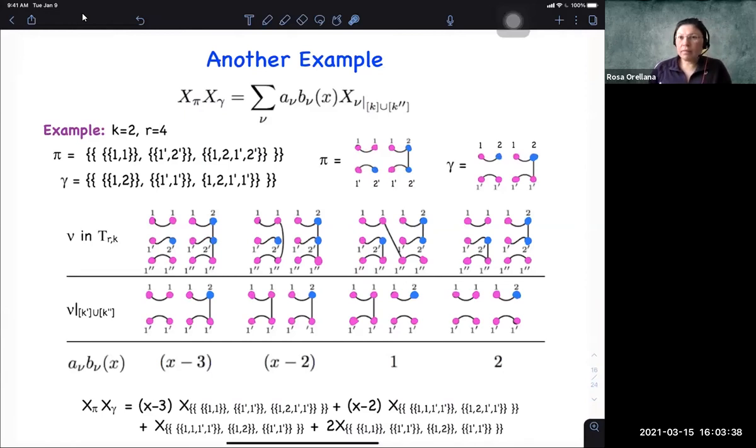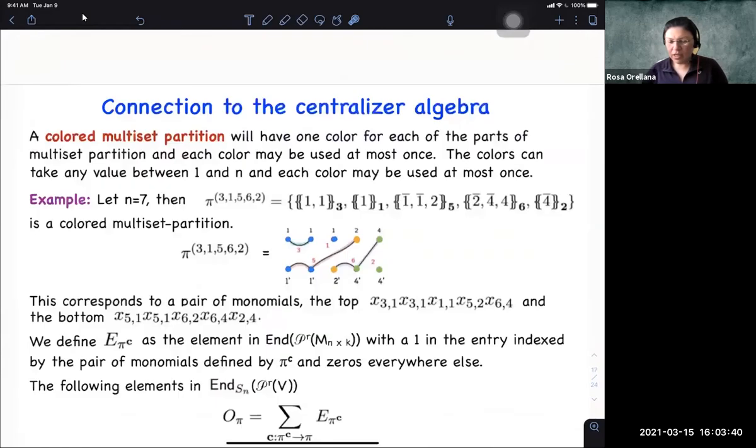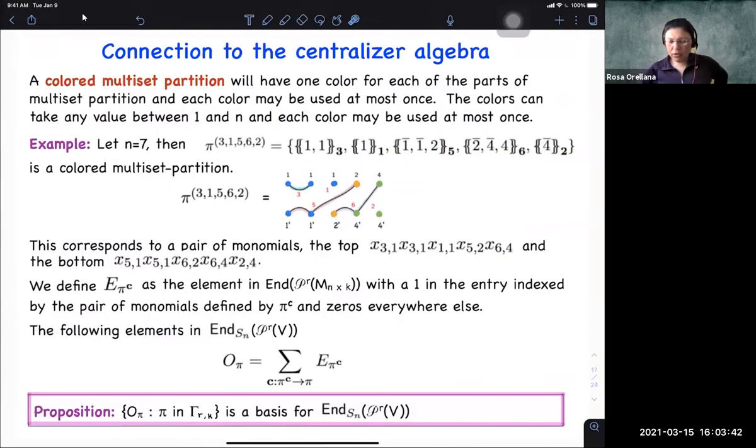Over time, maybe I just tell you that we actually showed with Mike that this corresponds to the centralizer. You can match it to what people call, when you're studying centralizers, orbits when you have a symmetric group action.